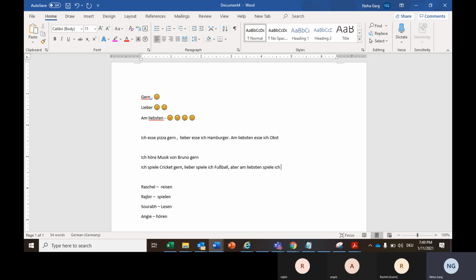Not rennen, because you don't play running. This is not laufen. Okay, so laufen, rennen, these are not something you play. These are the things you do. So with these kinds of activities, you don't have to use spiele as a verb. You could have simply written aber am liebsten renne ich.